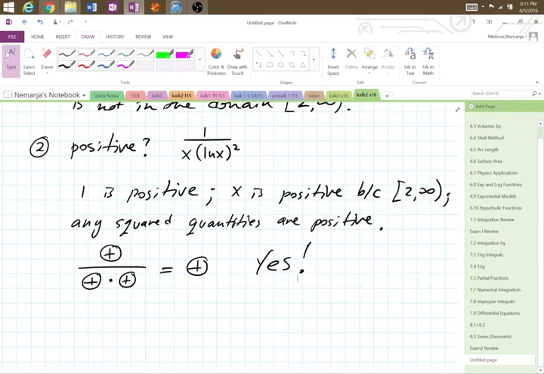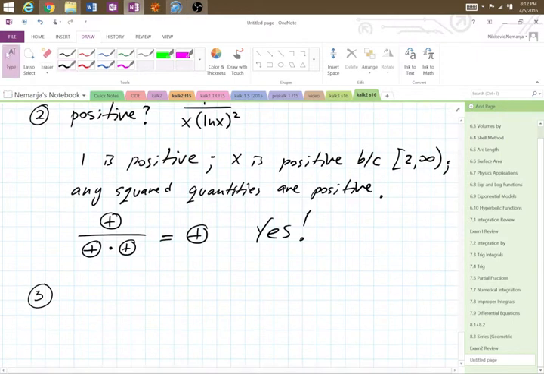The last part is decreasing, and this is usually the one that is tricky. There are 2 ways that you can do this. One, to show that the function you have is larger than the next.